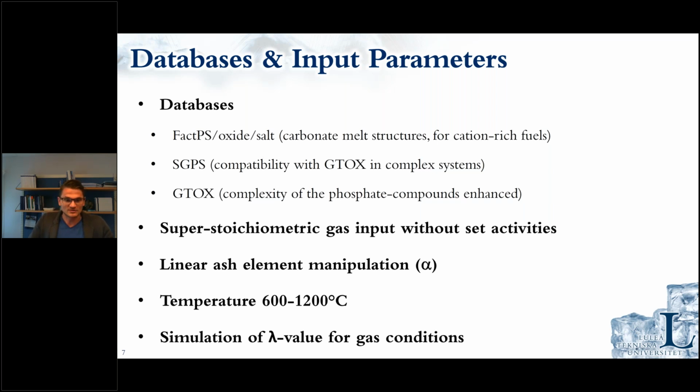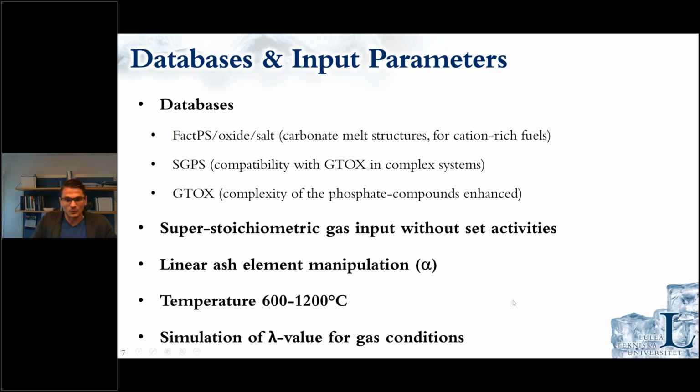On the other hand, we also use SGPS and GTOX as a combination because of the complexity of the phosphate compounds that we want to determine in our system, because in most of the fuels that we're analyzing we have a lot of phosphorus.